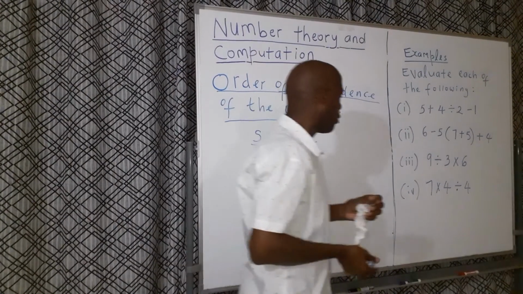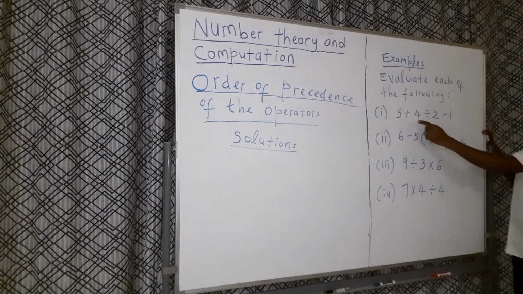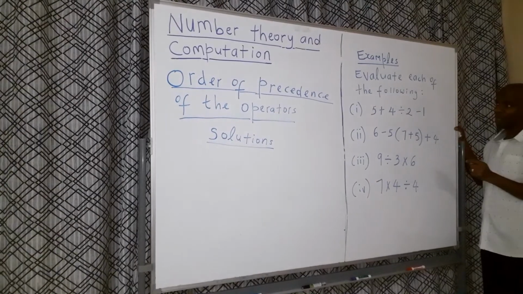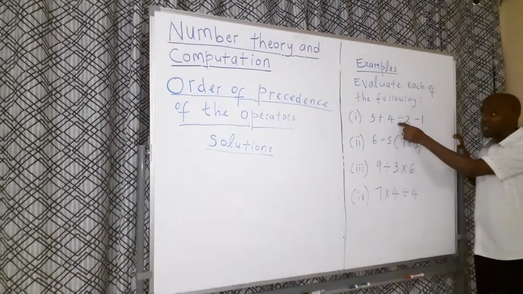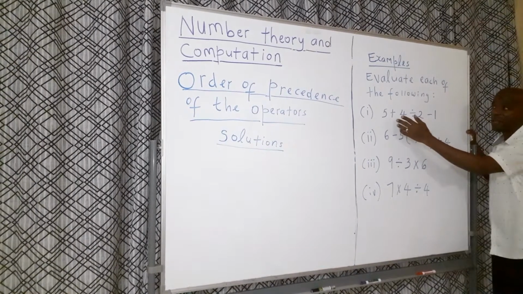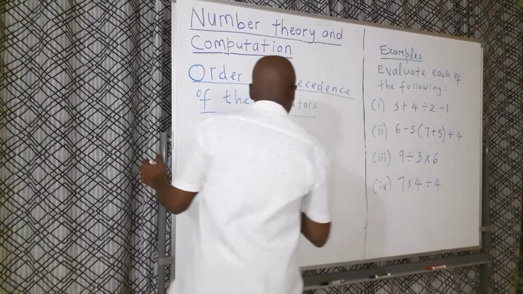Pay attention now, watch carefully. Here we have how many operators? Plus, division, minus. Because division takes the highest order in this case, irrespective of the plus sign coming first, we have to divide first. So this is what you have to do now.